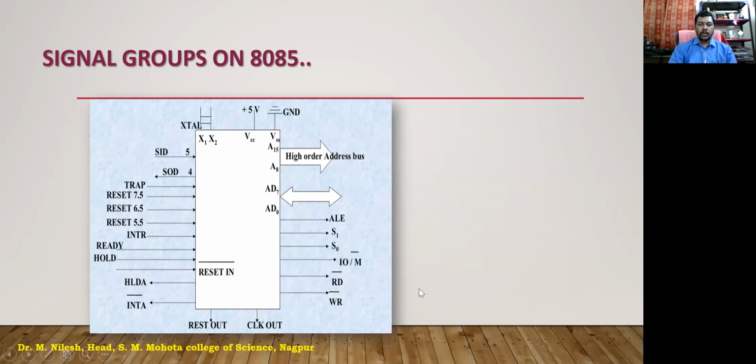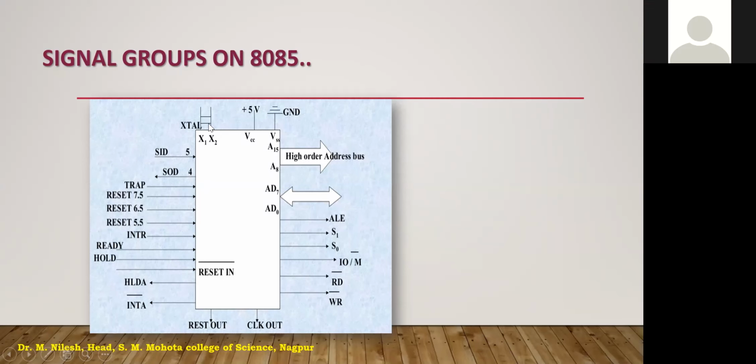Then we have clock output, reset output, then interrupt acknowledge, and HLDA, hold acknowledge, which is for direct memory access. Then we have hold, ready, and the interrupts: RST 5.5, RST 6.5, RST 7.5, and TRAP. So in all there are 5 interrupts. Then we have the serial input data line and the serial output data line also.